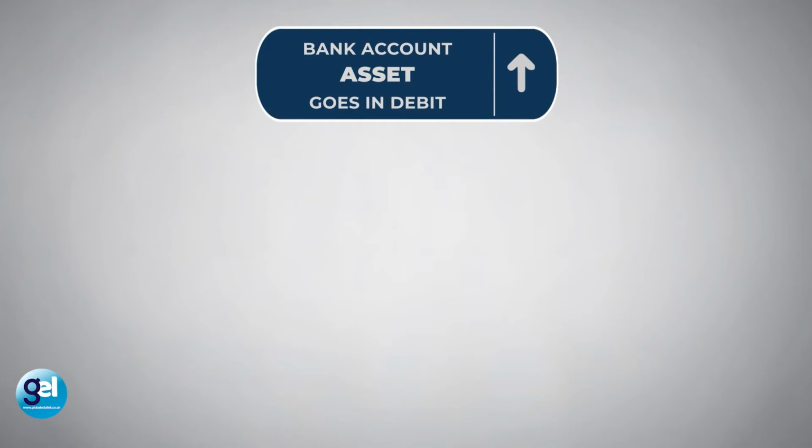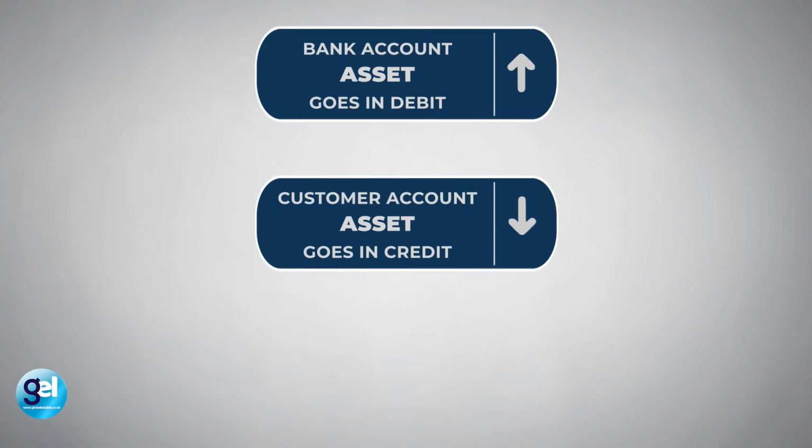If we are receiving money into the bank account, for instance, a customer is paying us and we receive a bank transfer or a check, the bank account being an asset and increasing, we are going to record the bank account in debit.